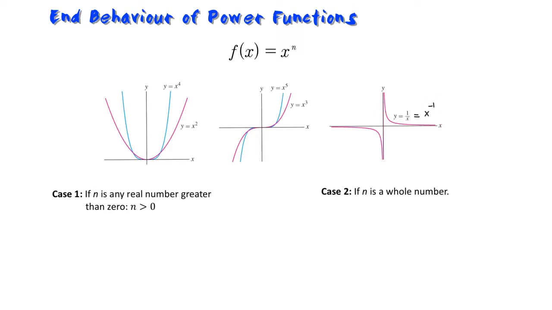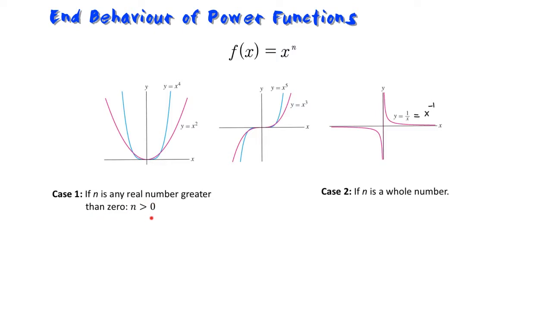So this is what I want us to do right here under case 1 and case 2. I want us now to describe power functions in general. I want to have general statements about power functions. So case 1. If n is any real number greater than 0.